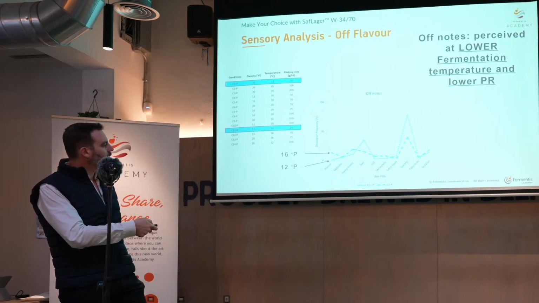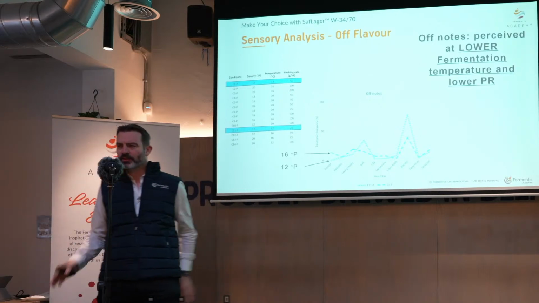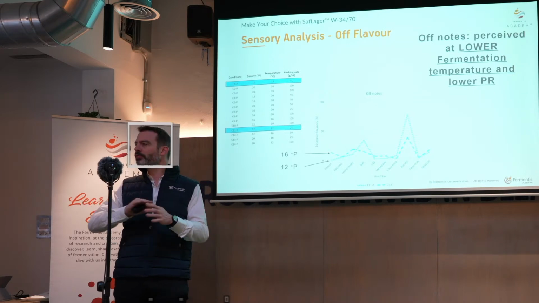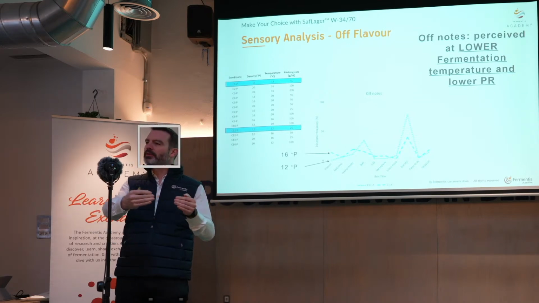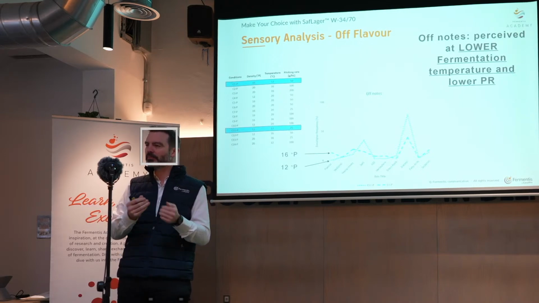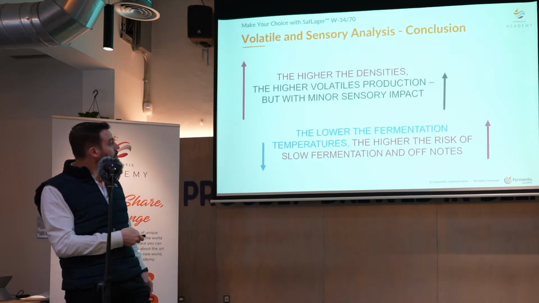And indeed, there was a bit more diacetyl and also DMS. Again, it's a bit complicated to go into details, but it has been proven in many studies that when you decrease fermentation temperature, the amount of DMS you get is a bit higher. Okay, so pretty much that was it.